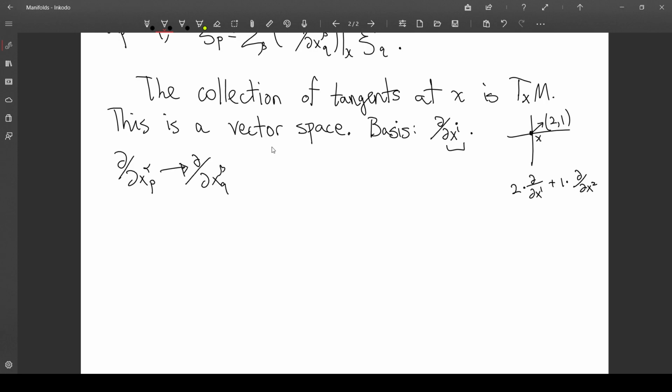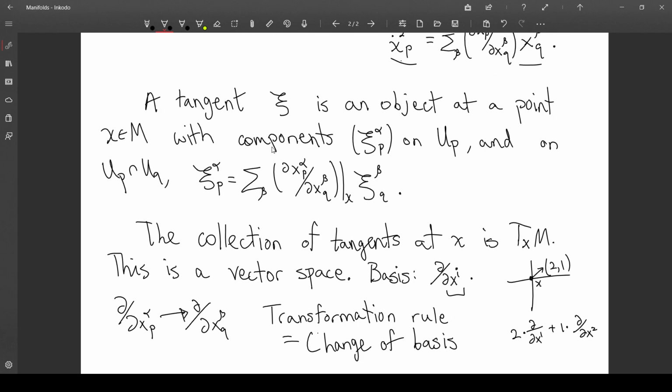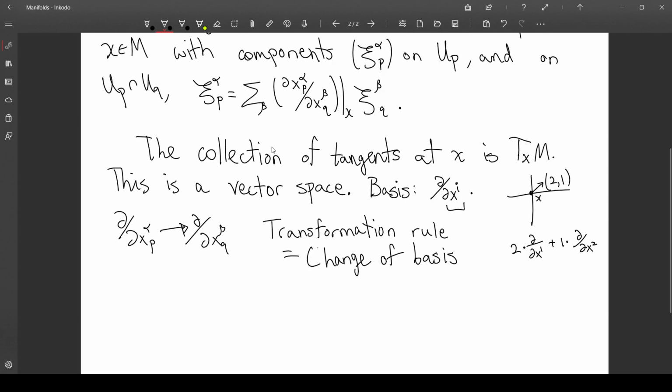And so really the transformation rule for vectors is really just a change of basis calculation. So this isn't really anything particularly fancy or calculus related. I mean, it has derivatives in it, but this is just a change of basis, a strictly linear algebra concept.